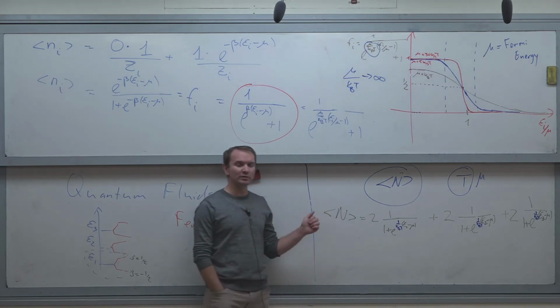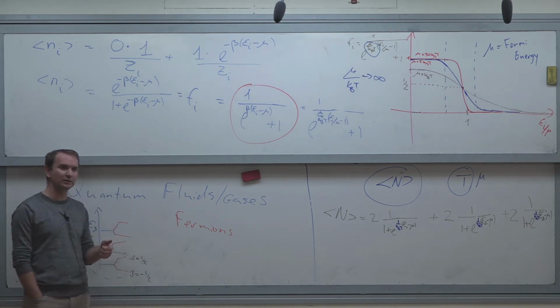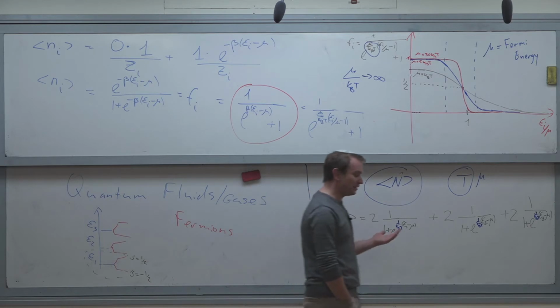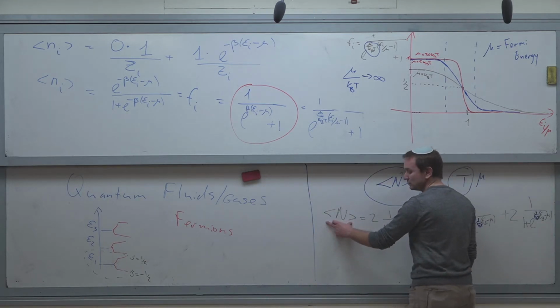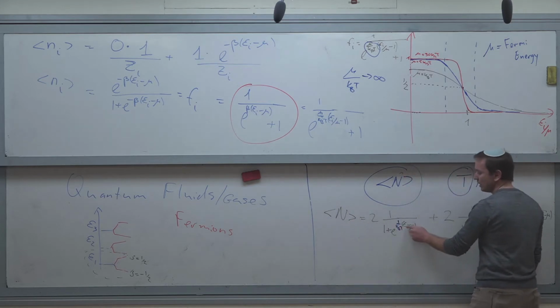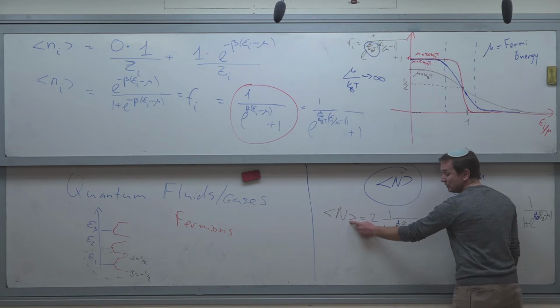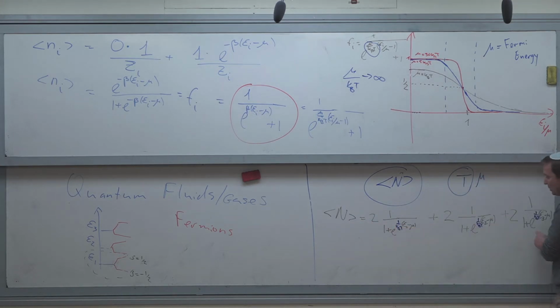Now let's assume we're looking at a system where the average number of particles is constant, independent of the temperature. So n is constant. I have control over T, and since n is constant, T is my parameter. Out of this ugly equation, I can determine what mu is.